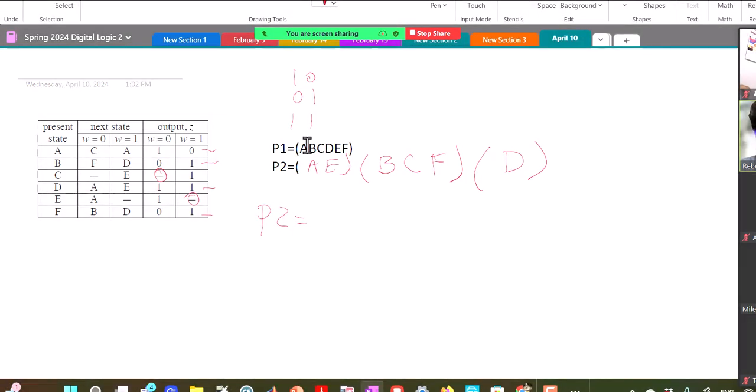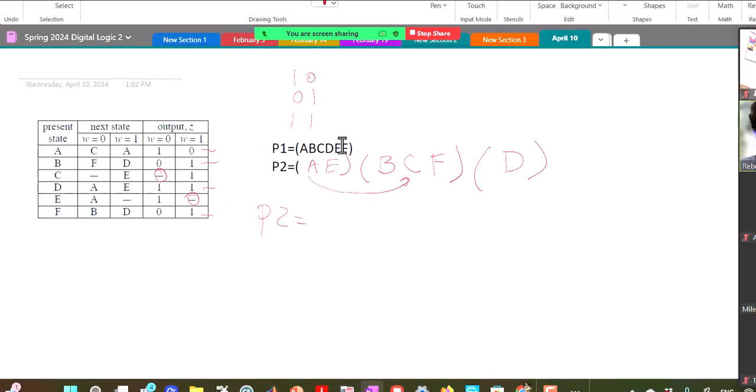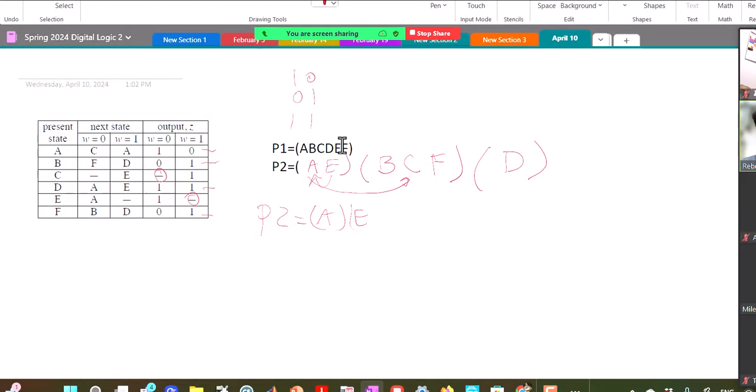So I'll look at A and E. A goes to C, and E goes to A. So they have different 0 successors, so they have to be split up.